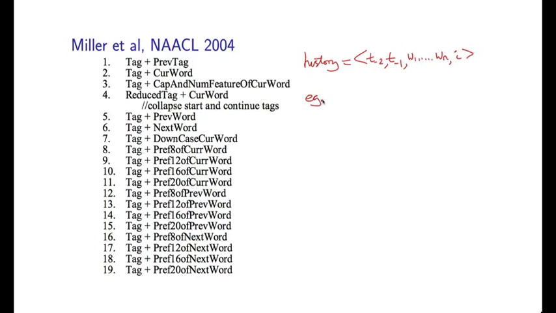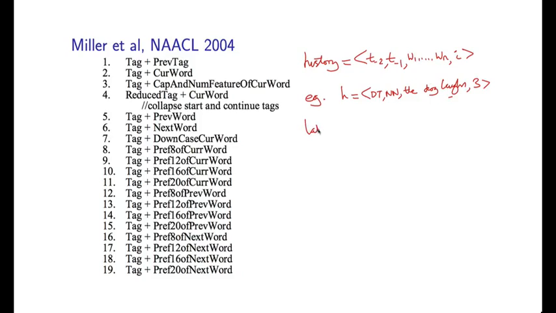For example, we could have the history h equal to, say, determiner, NN, the dog laughs, 3, signifying that we're tagging word 3 in the sentence, and the previous two tags were determiner and noun.